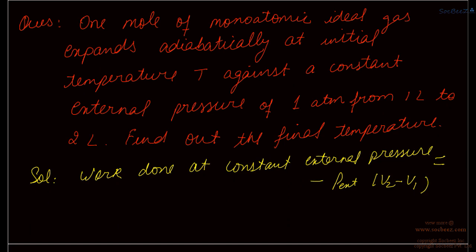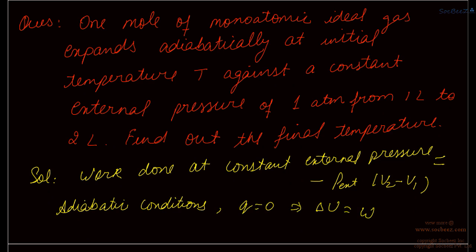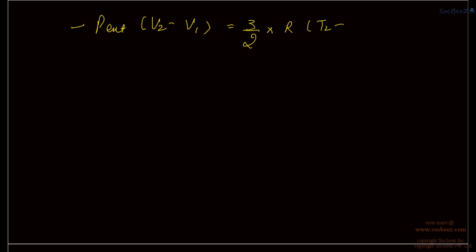Its value is negative. Now in case of adiabatic condition, since delta Q equals 0, therefore delta U equals W, and hence minus P external into V2 minus V1 equals 3 upon 2, since the gas is monoatomic, so 3 upon 2 into R into T2 minus T1.